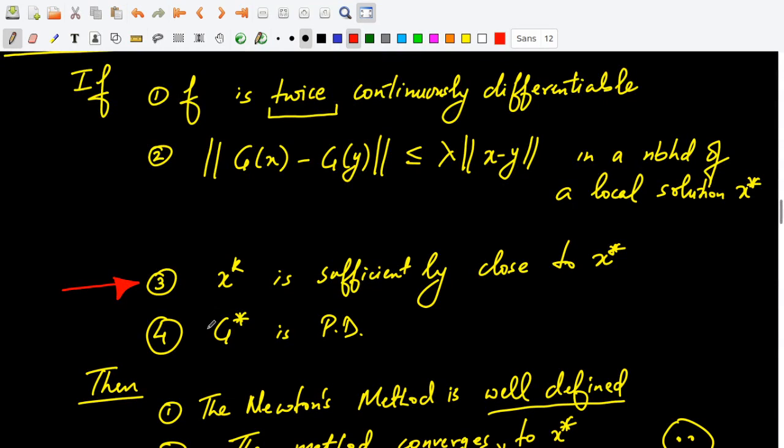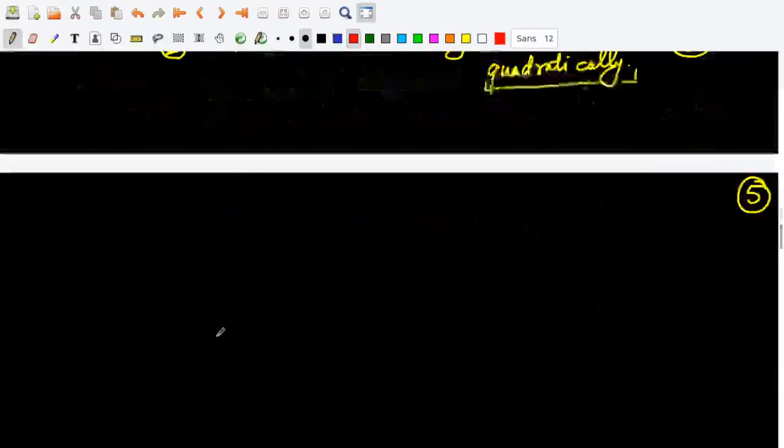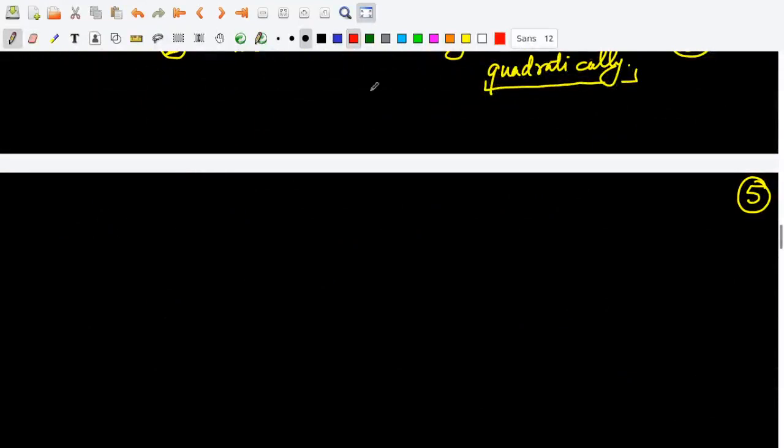So let's say what happens when gk is positive definite, but we are not very close to x star.